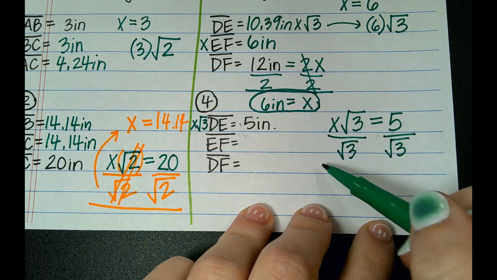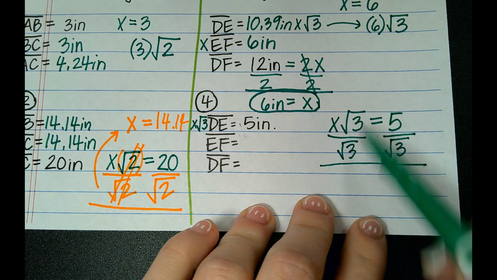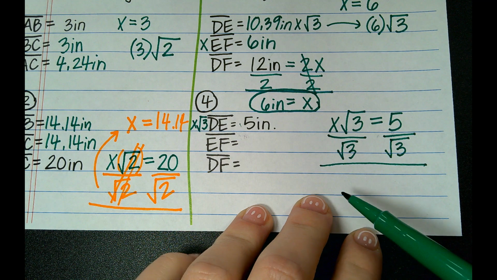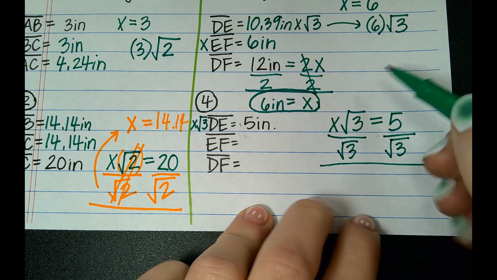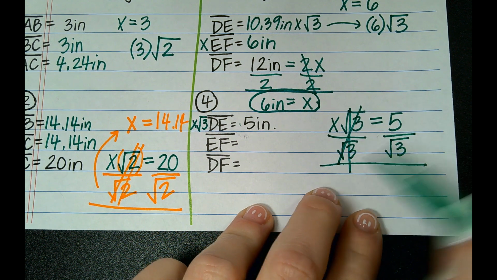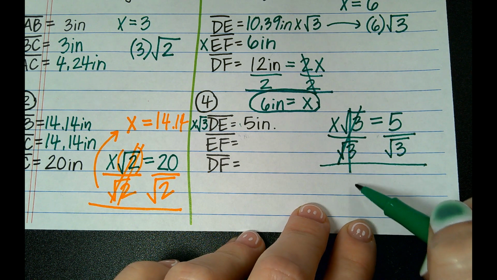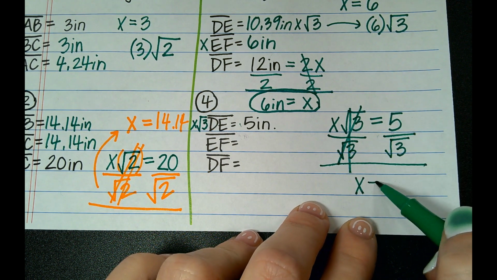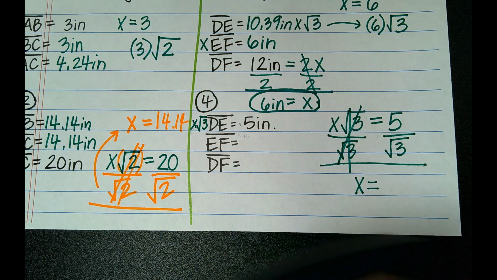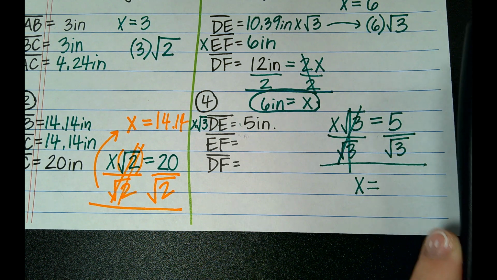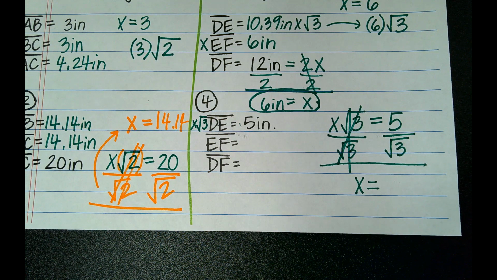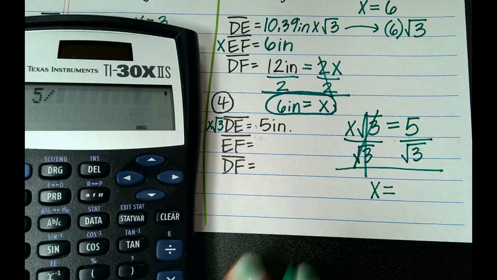So I am looking at this equation now. What happens to my radical 3's? They cancel. And what's left over on this side? X. I'll bring down my equal sign. And now we divide, just like Erica said, 5 divided by radical 3.